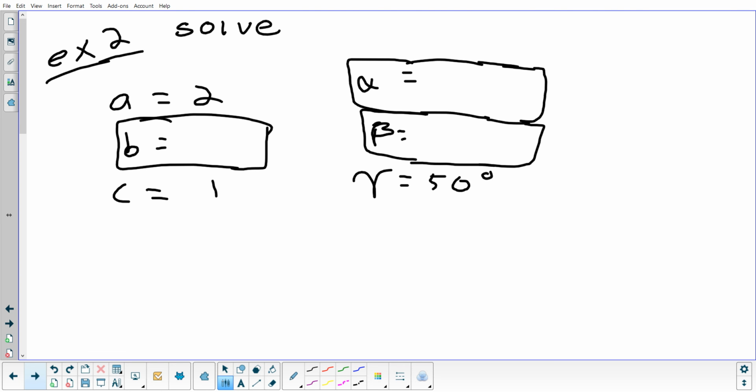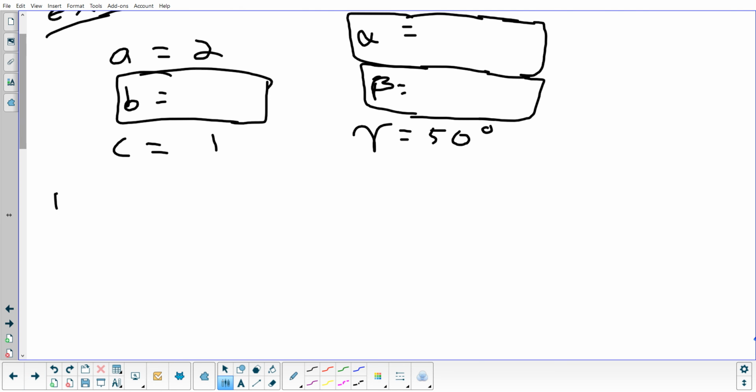All right. Now, can somebody tell me what are you pretty much forced to find first? You don't have any choices here. Yep. Alpha. You have to find alpha first. And Casey, can you tell me how I would set this up to solve for alpha?